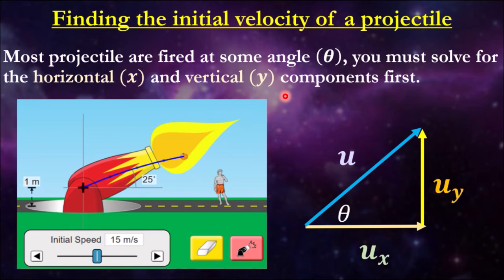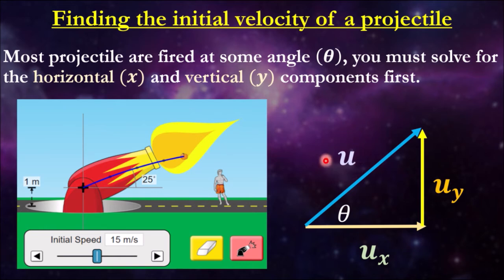You have to work them out based on an angle or some other information. So let's say most projectiles are fired at a particular angle theta. We do know, and they will tell you most of the time, the initial velocity. Maybe it'll tell you the horizontal and then you work out the vertical, something like that.